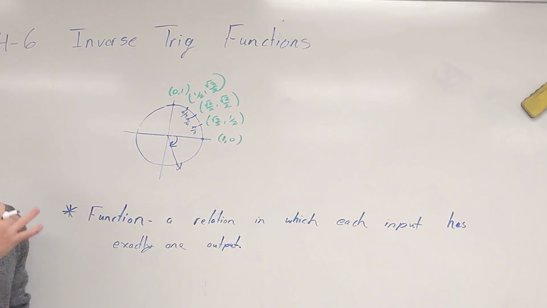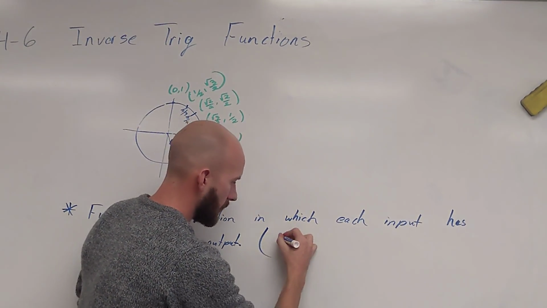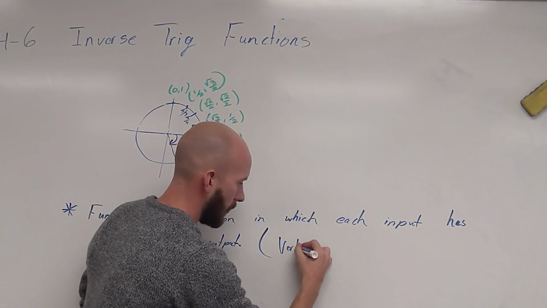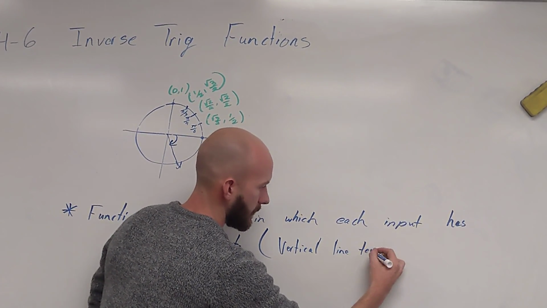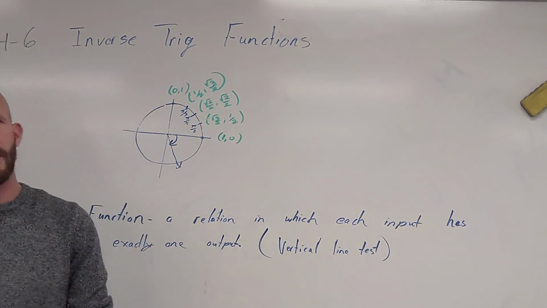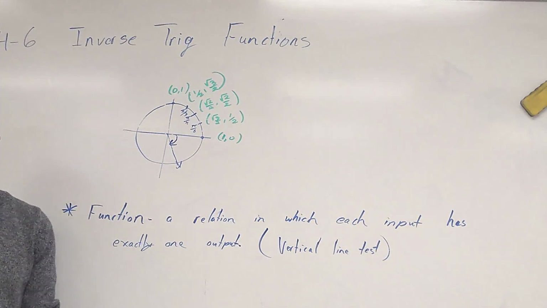Also, when we're looking at graphs, basically the same concept can be visualized through the vertical line test. Okay. You guys remember doing the vertical line test, hopefully, with graphs? Not so much? Okay. So maybe a quick demonstration.